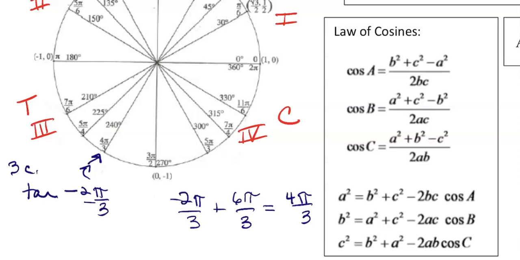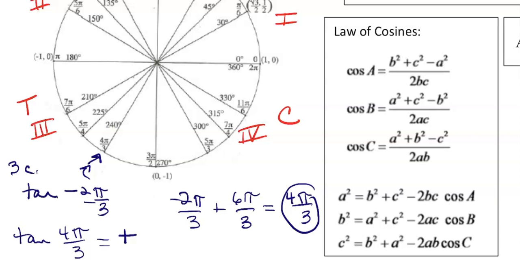Okay, so in any event, whether you think negative or you use coterminal angles, your angle will still be 4 pi over 3. So now I can use the coterminal angle of 4 pi over 3 to find the tan value for negative 2 pi over 3. Okay, so 4 pi over 3 is in that third quadrant. In that third quadrant, tan is positive. Match up your denominators up here for your reference number.